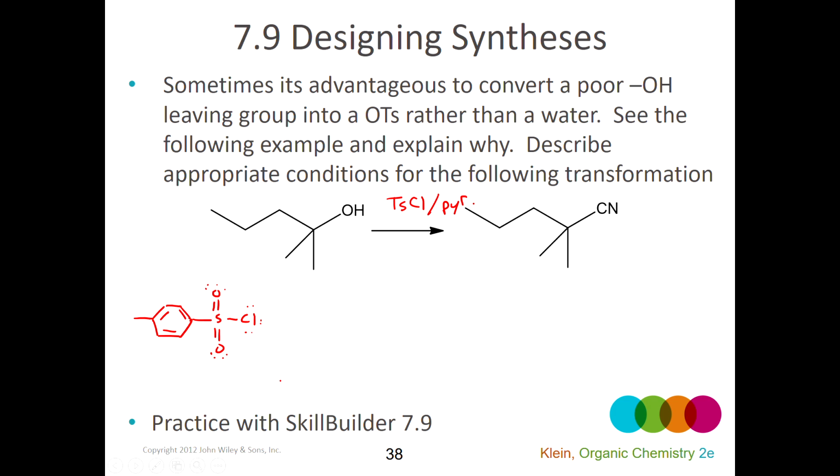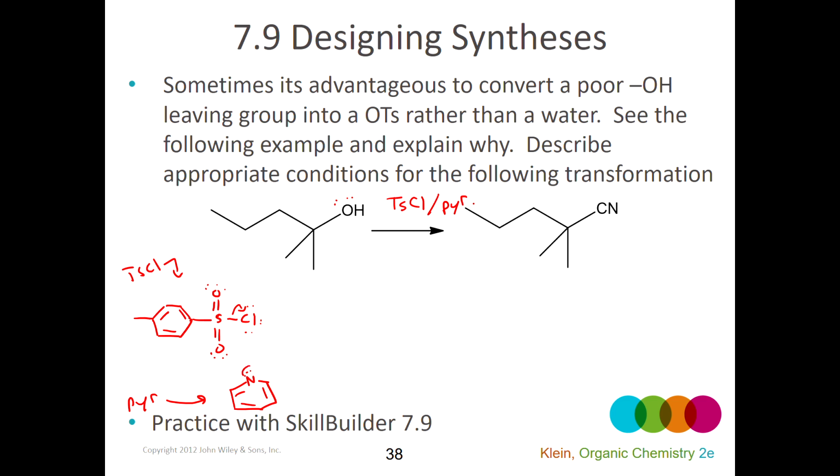So what's going to happen here, without getting into the mechanism, because it's more complicated than anything we've seen yet, we don't need to get into that level of detail yet. This is tosyl chloride, and pyridine looks like this. Pyridine is a weak base. What's going to happen here is this oxygen is going to connect to the sulfur, and the chloride is going to leave.